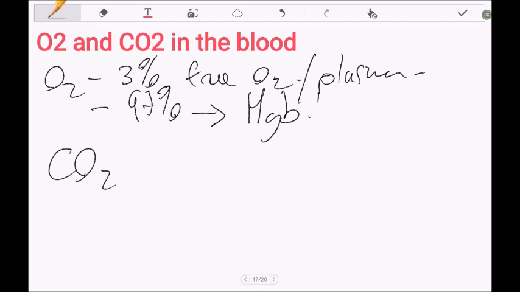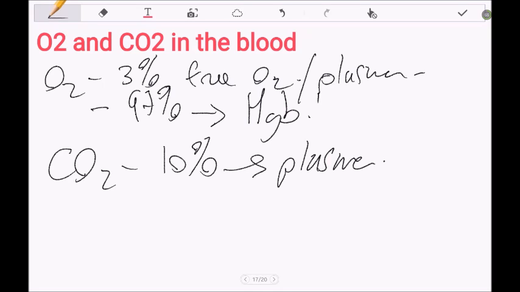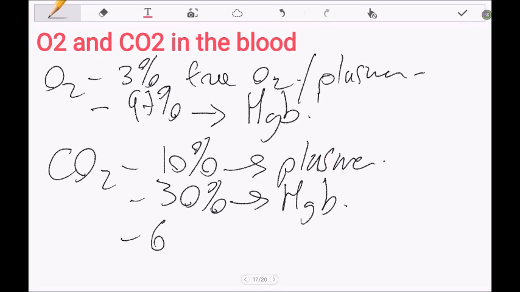And CO2 has a similar story. So 10% of the CO2 is dissolved in plasma, about 30% is bound to hemoglobin, and the other 60% is dissolved in the blood as bicarb.